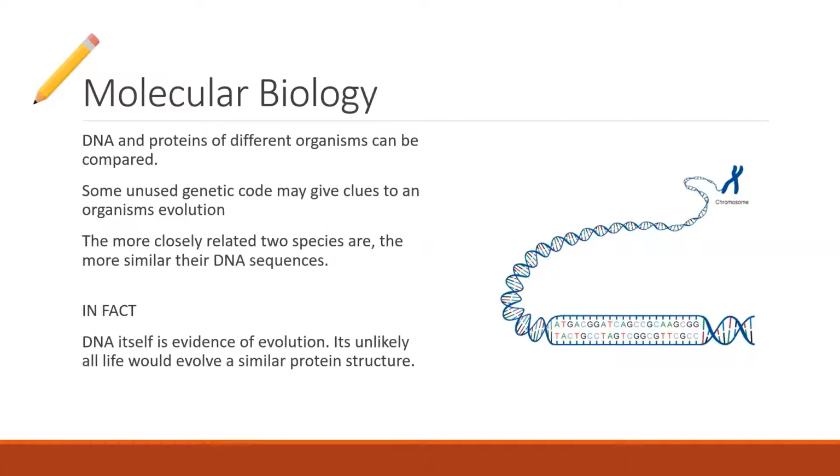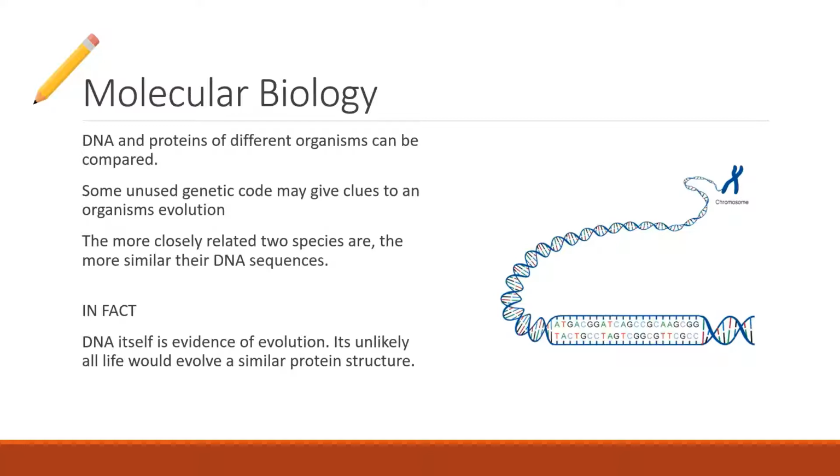In fact, and this is one of the key things, DNA is a great proof of evolution, because it's very unlikely that all these animals somehow all ended up with DNA, and all these plants end up with DNA. It's more likely that we all came from a common ancestor.